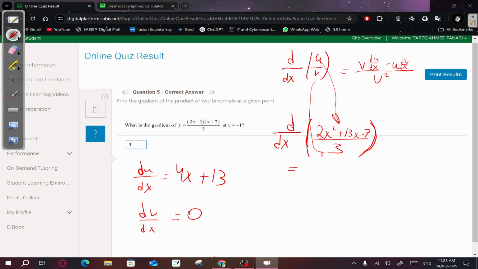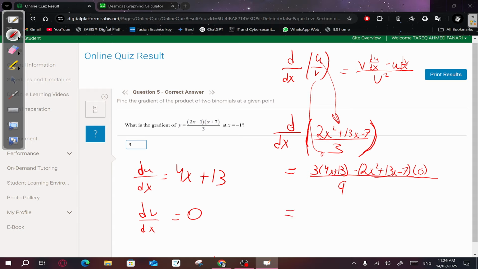It's always better to start from the bottom: over 3 squared, which is 9. v is 3, times du by dx, which is 4x plus 13, minus u, which is this very long quadratic, (2x squared plus 13x minus 7), multiplied by dv by dx, which is 0, which is why this is going to be very easy.